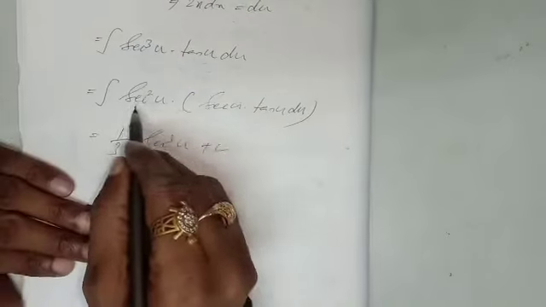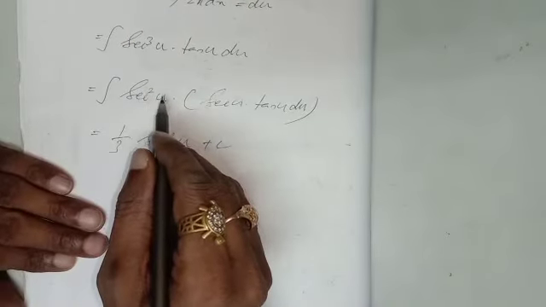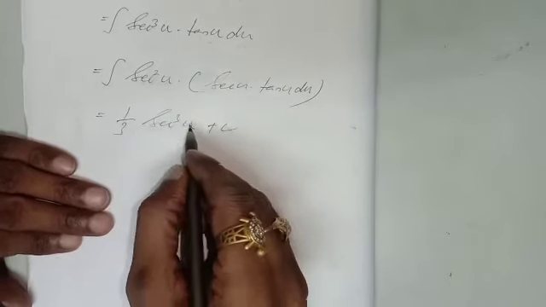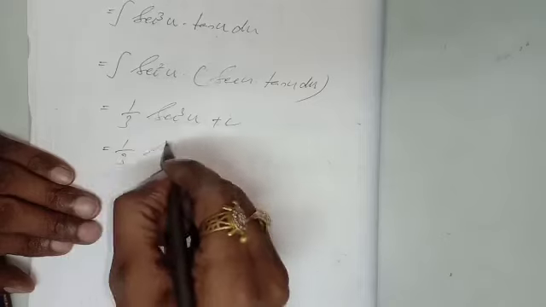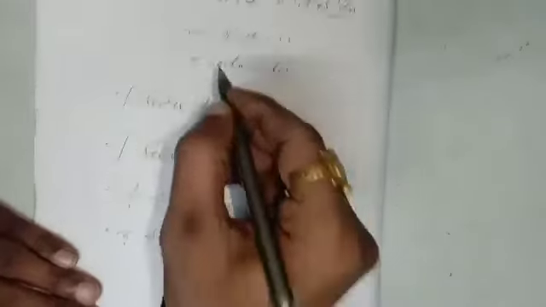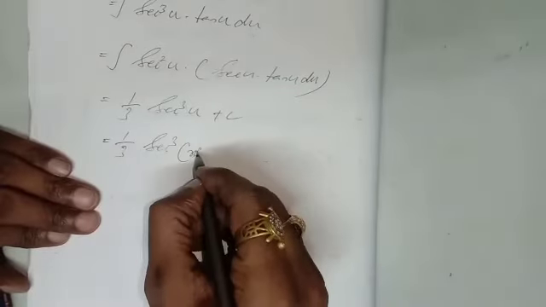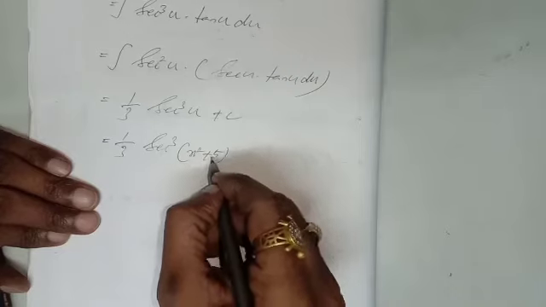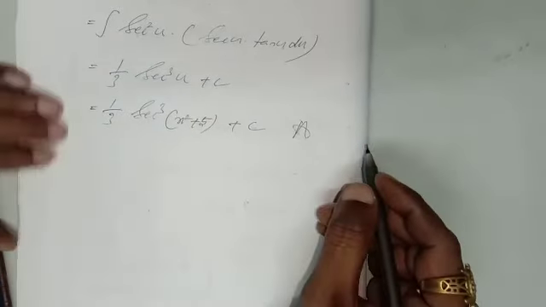If I substitute v for sec u, the integration will be 1 by 3 v cube; directly I am doing it here. Now 1 by 3 sec cube of u, what is u? You have to substitute x square plus 5, plus c. This is the answer of number 5, second part.